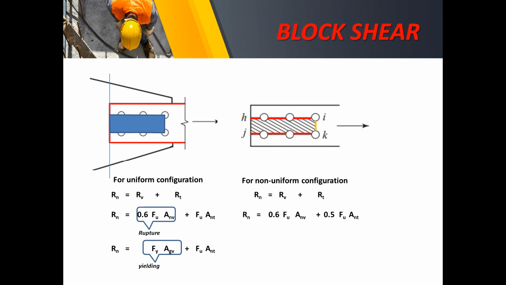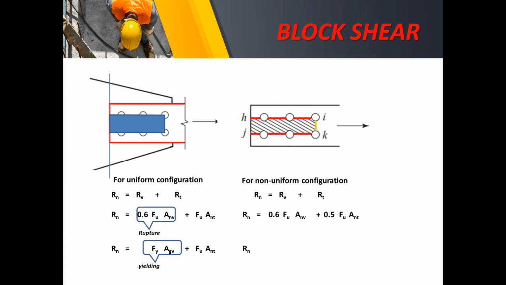Notice that the first term here includes Fy, and the area multiplied to this Fy is the gross area from the shear. When we say gross area, we do not deduct the space occupied by the hole.